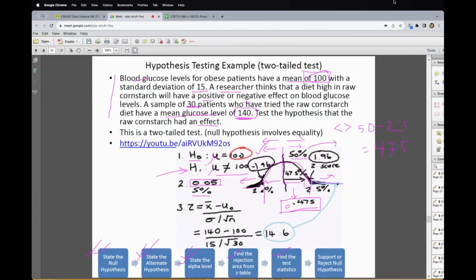Now we have already identified the rejection zone. What we have to do is define the rejection area, and we have to utilize the Z table for the critical point.